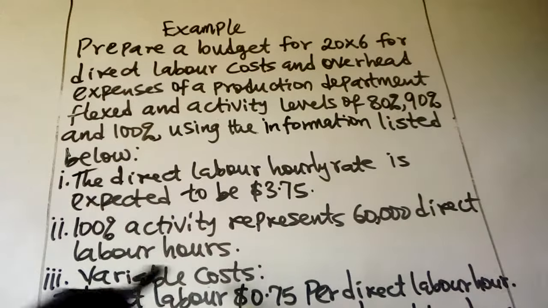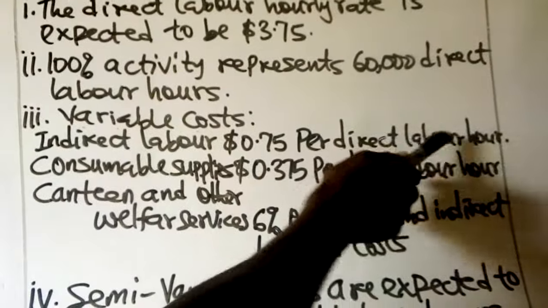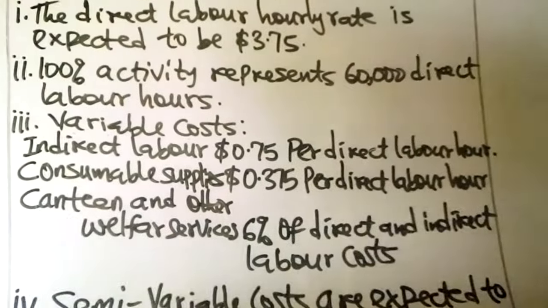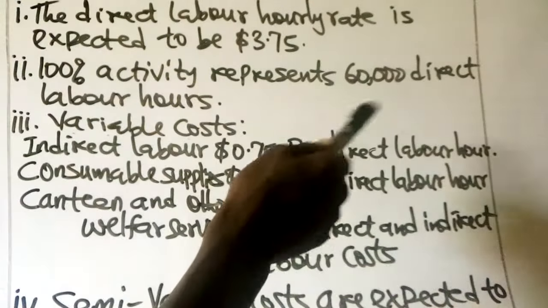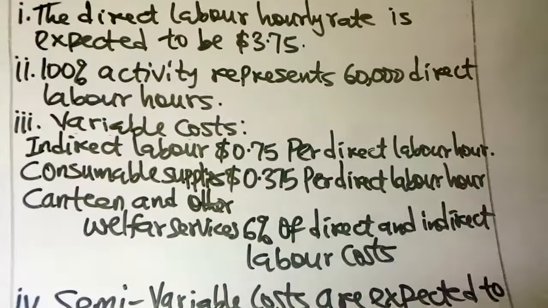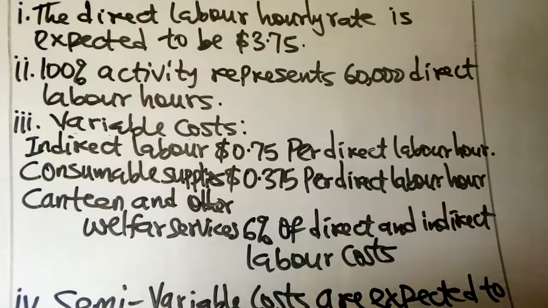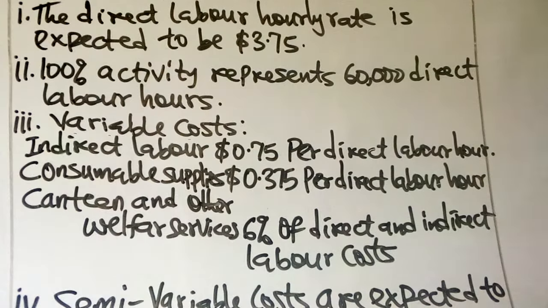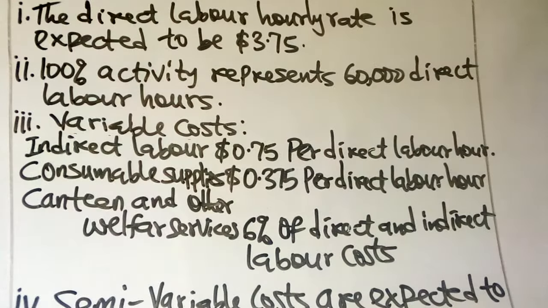3. Variable costs. We have indirect labor, $0.75 per direct labor hour. Consumable supplies, $0.375 per direct labor hour. We also have canteen and other welfare services, 6% of direct and indirect labor costs. 4.